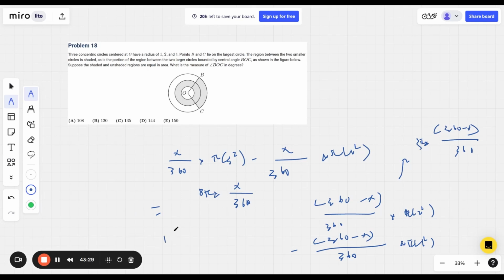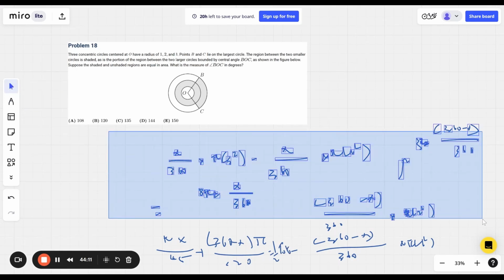We get pi x over 45 plus 360 minus x times pi over 120 equals 1 over 2 times the total area. Well, let's just clear this up after so we have a little bit of space.